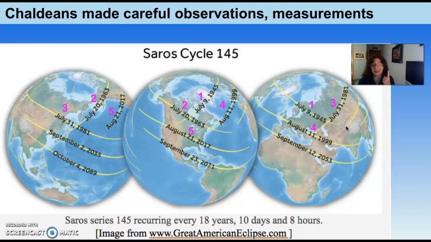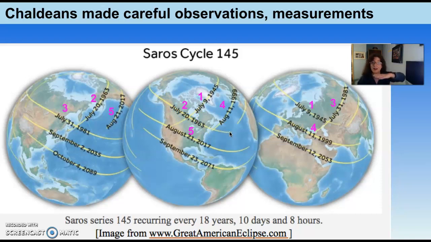Then, about 18 years later, the eclipse shifts about 120 degrees, and it started around Japan, 1963, went across the northern sector of Canada, and came in through Canada. It's the second time it appeared.